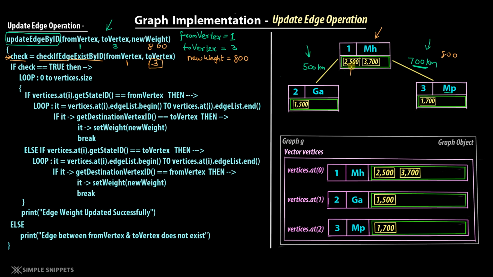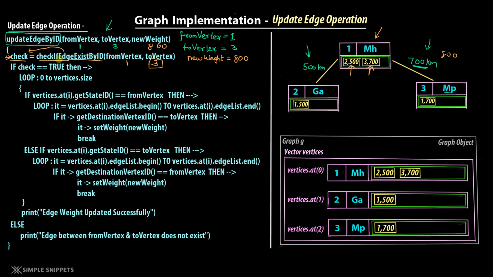In Maharashtra's vertex, we have this edge list which has 2 edge objects. The first edge object represents the edge between 1 and 2, that is Maharashtra and Goa, with weight 500. And 3,700 represents the edge object between Maharashtra and MP. So we have one edge object with ID 3, and since we've passed to vertex as 3, it means that there exists an edge. So this will return true.